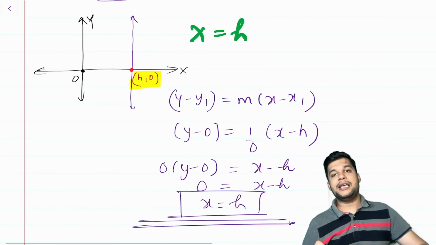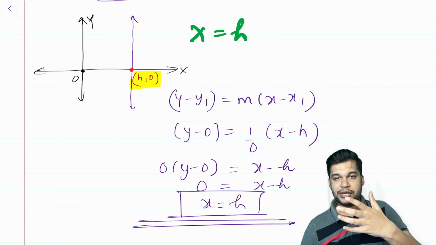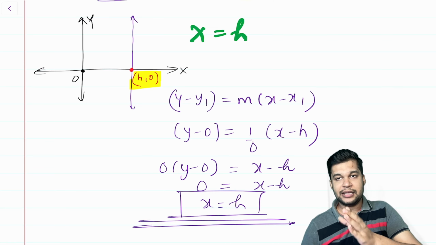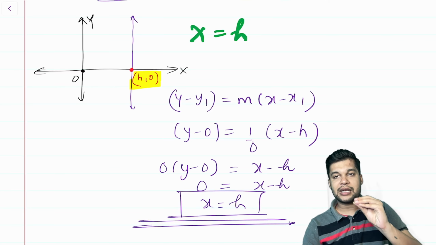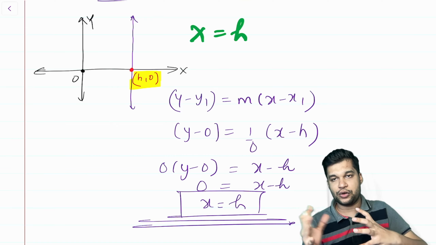So basically, if a line is parallel to the x-axis, the equation will be y equal to a constant. And if a line is parallel to the y-axis, if you have a vertical line, the equation will be x equal to a constant, right? And these constants are the values where the line cuts the x-axis or y-axis respectively, for whichever case you are trying to do.